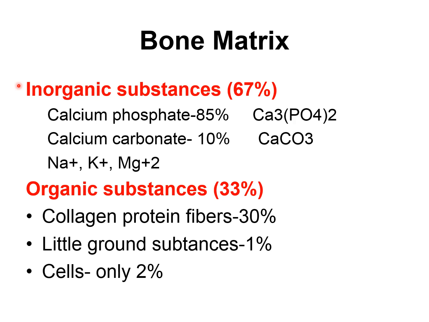Then there is a small amount of ground substance, that is hyaluronic acid and proteoglycan aggregates. And then the bone cells, which are osteocytes, osteoclasts or osteoblasts, make only 2% of the bone matrix organic substances.